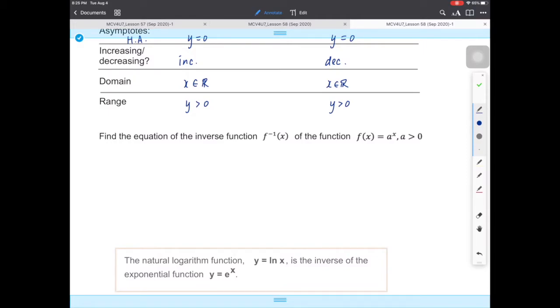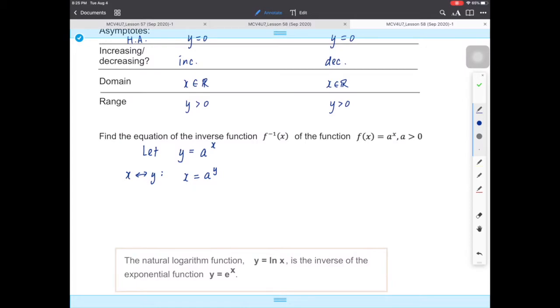If I let y be f of x, then y is equal to a to the power of x. We're going to switch x and y to find the inverse. So x is equal to a to the power of y now. You may remember, this is actually the exponential form of a log expression.